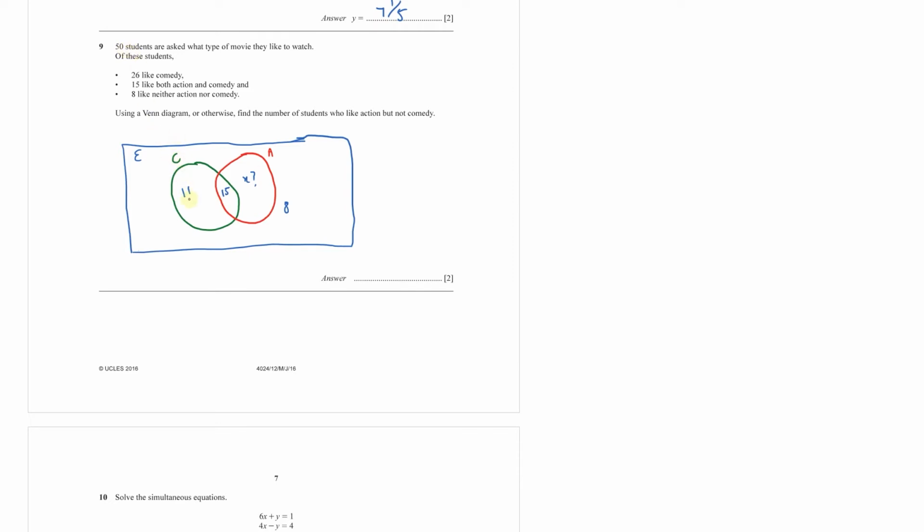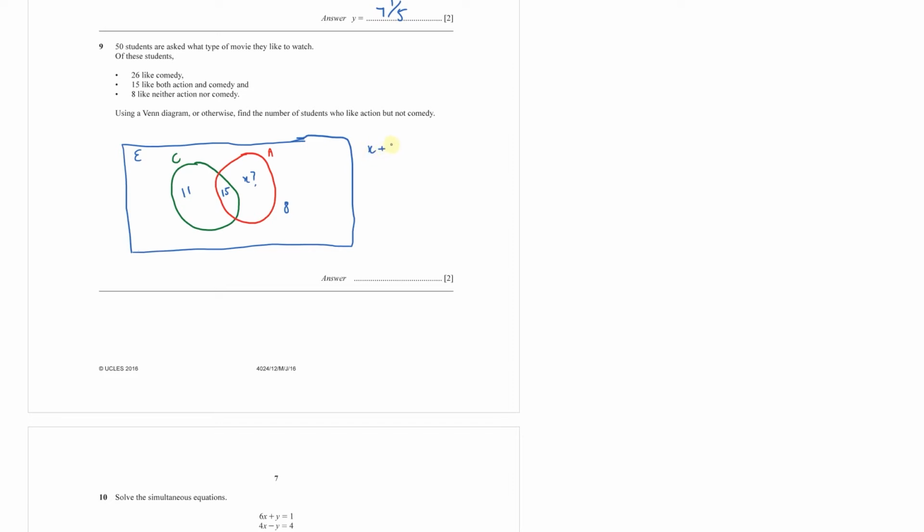So you have 11 here that only like comedy, 15 here which like both comedy and action. You have X here who like only action, and 8 students who do not like either of the action or the comedy. So the sum of these students is 50 since the survey was conducted across 50 students.